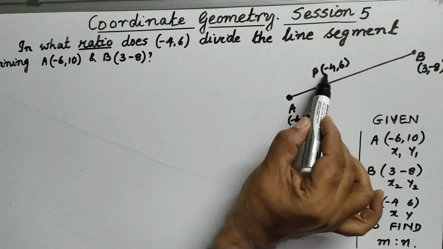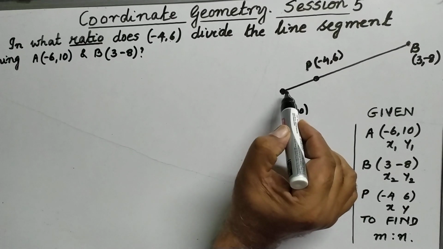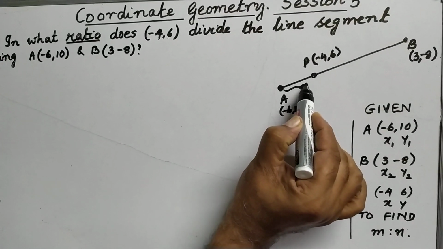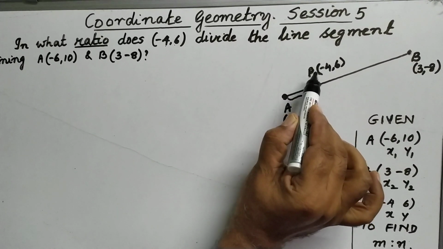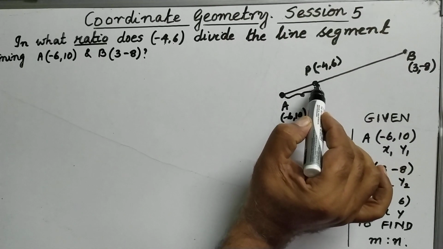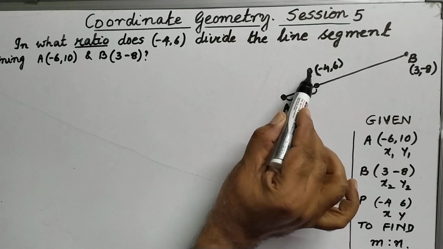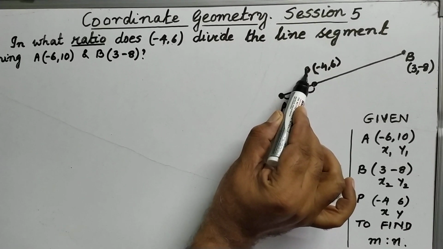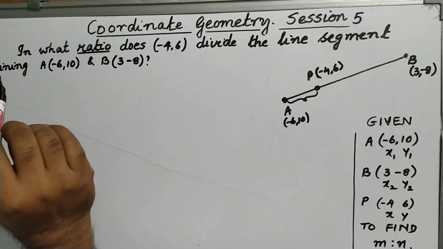This point P is dividing the line segment into two parts. I will have to find out in what ratio this point is dividing AB. The ratio of these two parts obtained by this point P has to be found out.